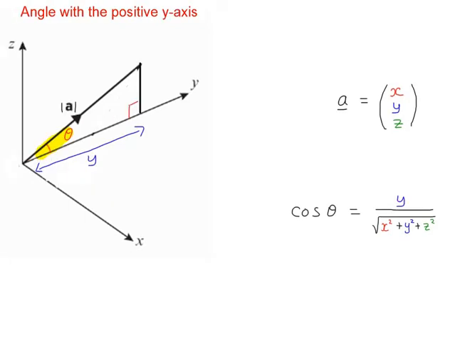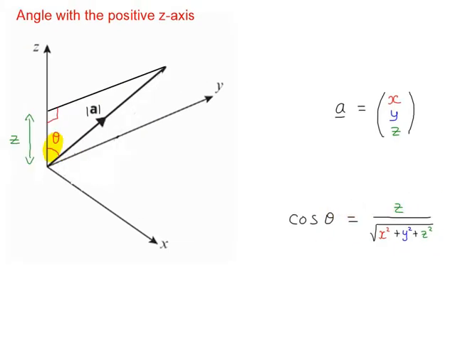In a similar way, the angle the vector makes with the y-axis is given from this right angle triangle, and we know the length of the hypotenuse and the adjacent, so using the cosine ratio here we can easily work out the angle. Then we can do the same again with the angle the vector makes with the z-axis. This length here in this right angle triangle is the z component.